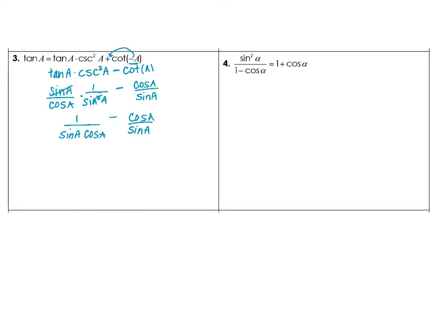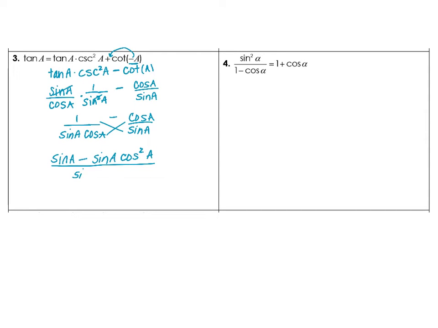All right, now let's go ahead and get a common denominator. We're going to do our crisscrossing here. So we're going to have sine of A minus, that's going to be sine A cosine squared A. And that's all over the product of the denominators.